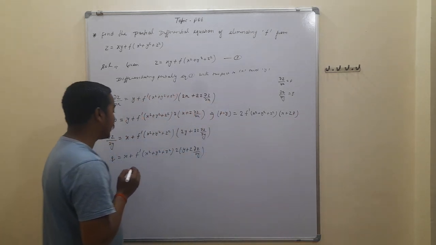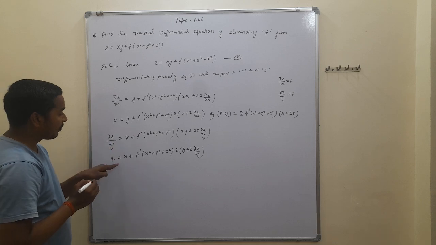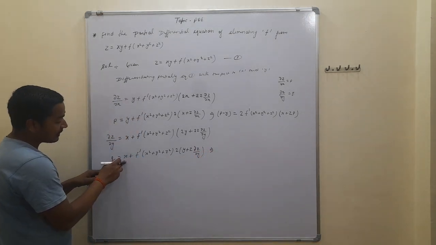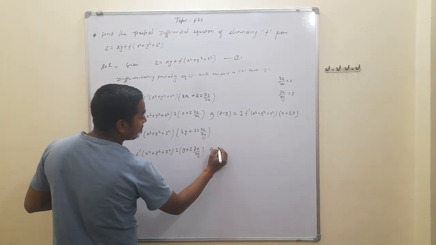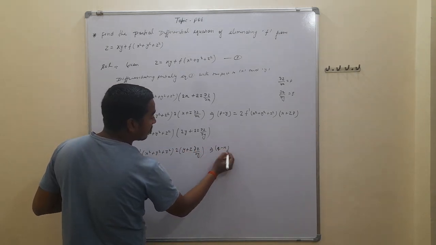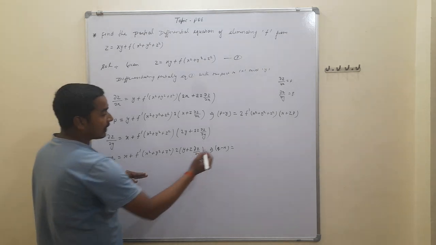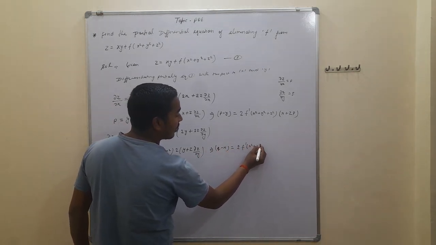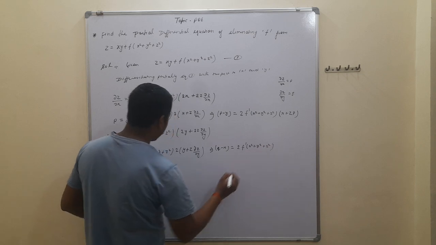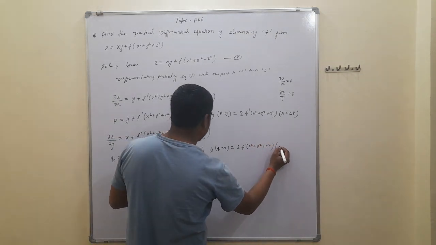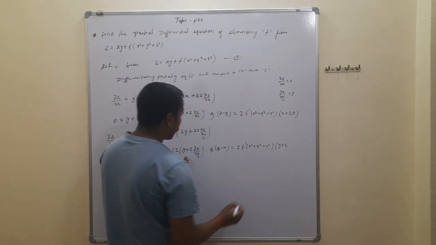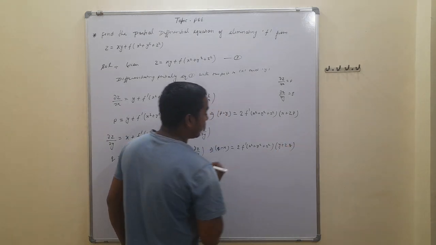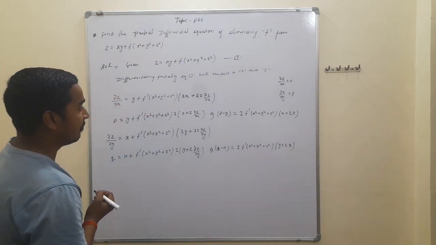And taking x to the left-hand side for ∂z/∂y, this is written as q − x = 2 f'(x² + y² + z²) times, in the bracket, (y + z), with ∂z/∂y written as q. This is zq, and we have to eliminate.